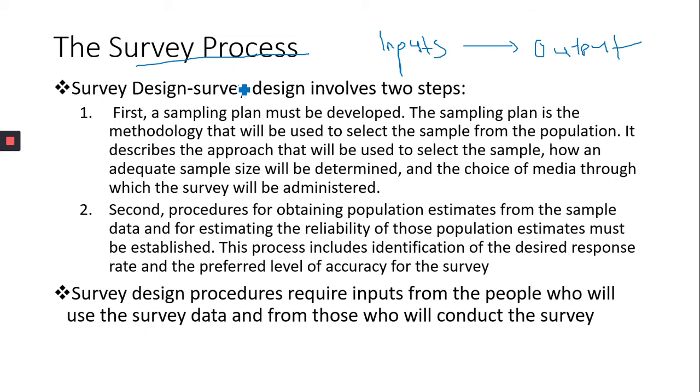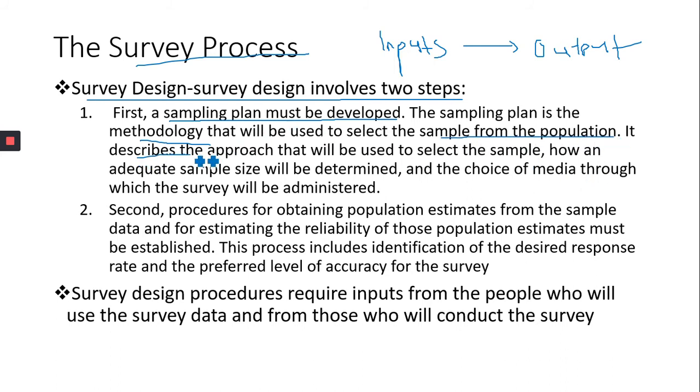Survey design involves 2 steps. In other words, these are the inputs. Firstly, you must have a sampling plan. The sampling plan is the method that will be used to select the sample from the population.